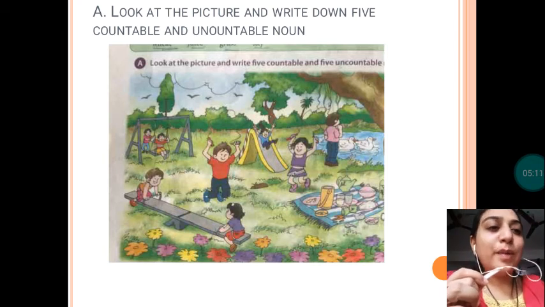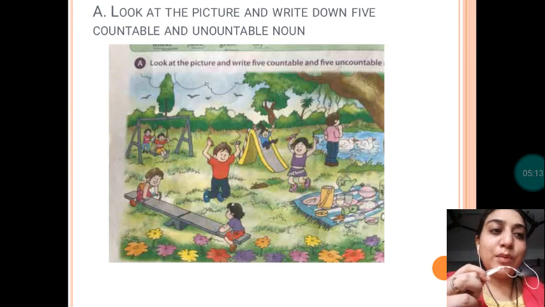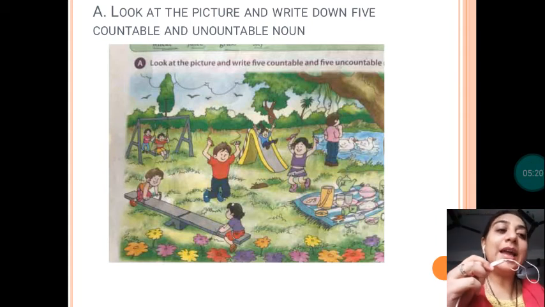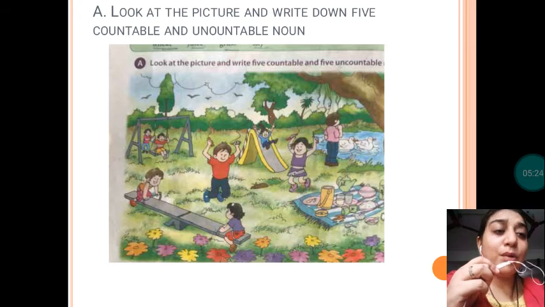Now, one specific feature, again I am going to repeat it, and the same I repeated in the previous session also, that some and any are the words used for both countable as well as uncountable nouns.